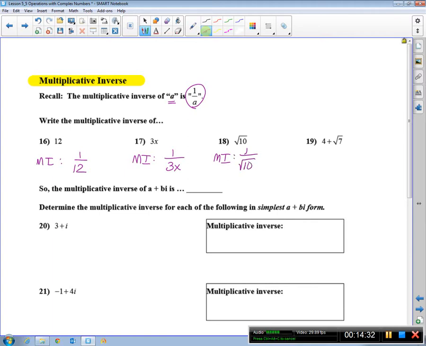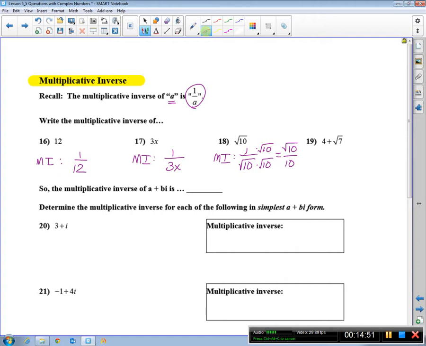Now we have to rationalize. What will I multiply the top and bottom by? Radical 10, of course. So we have the square root of 10 over 10.